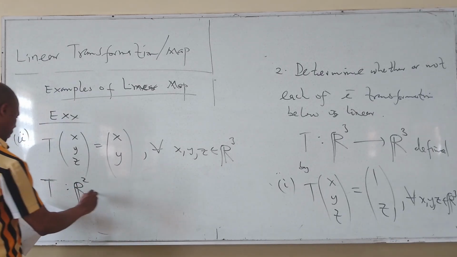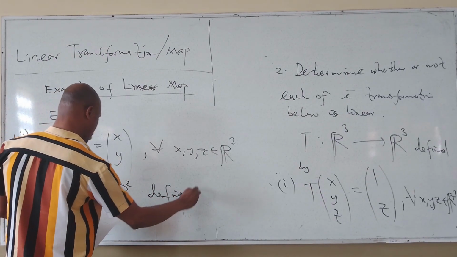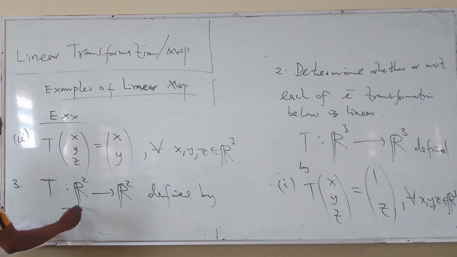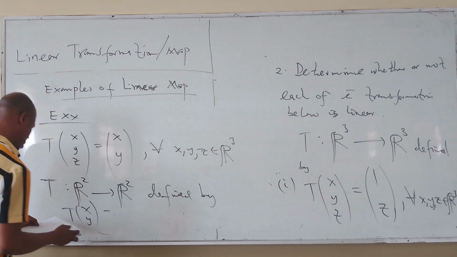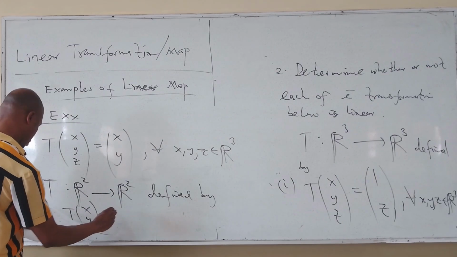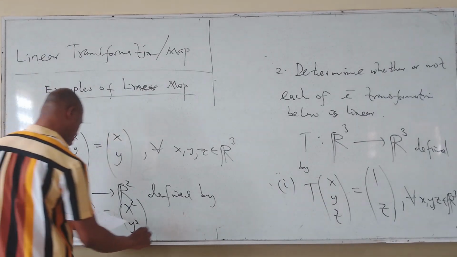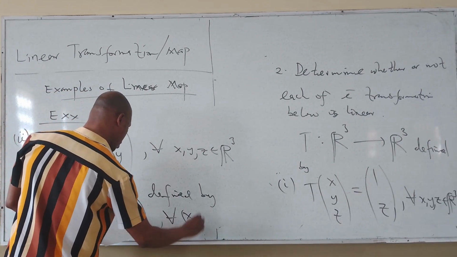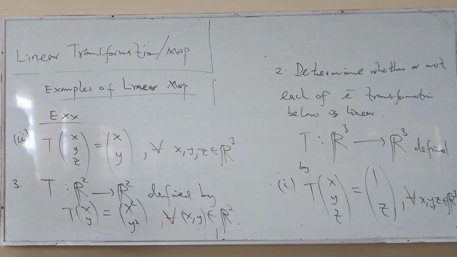Three. Here you have been given the mapping as this, defined by T of x equals x squared.